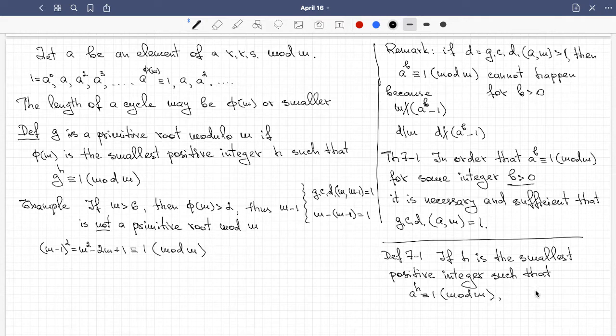They say a belongs to the exponent h modulo m.